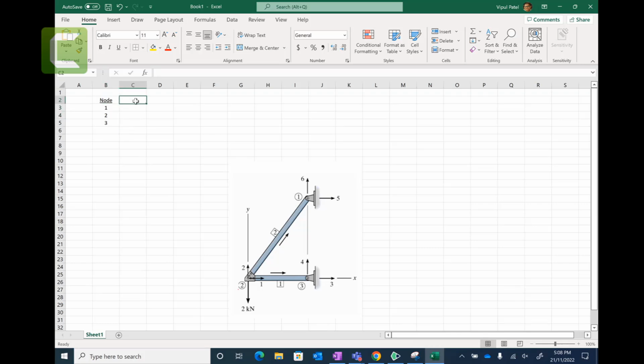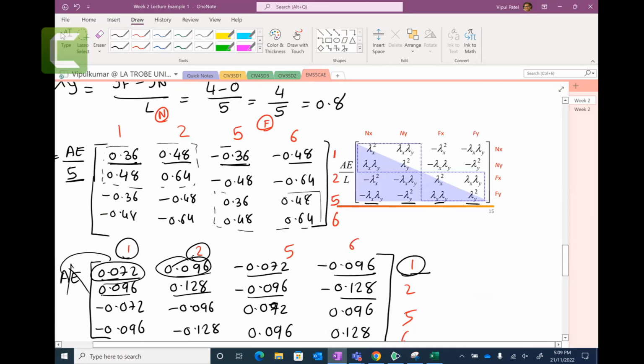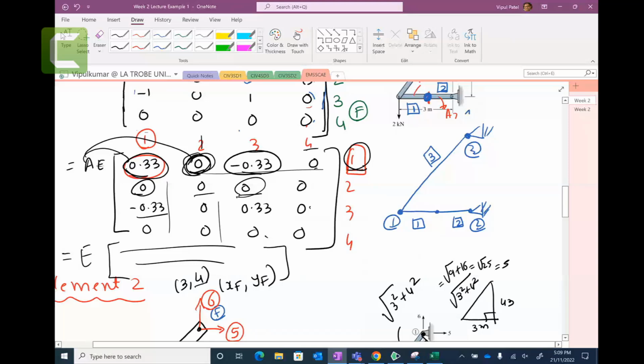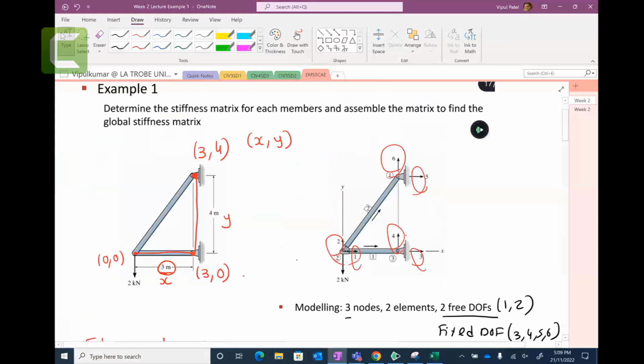Let's put X in meters and Y in meters, and we go back to our questions here where we put the coordinate system.